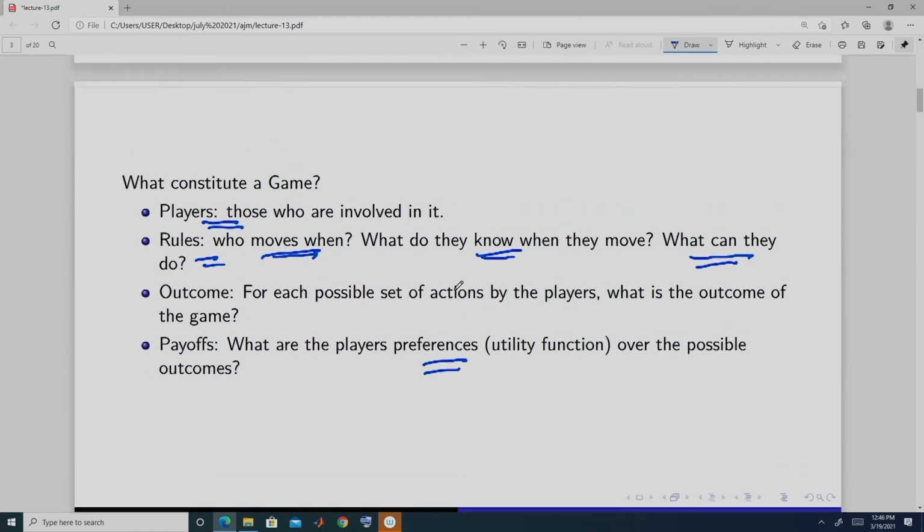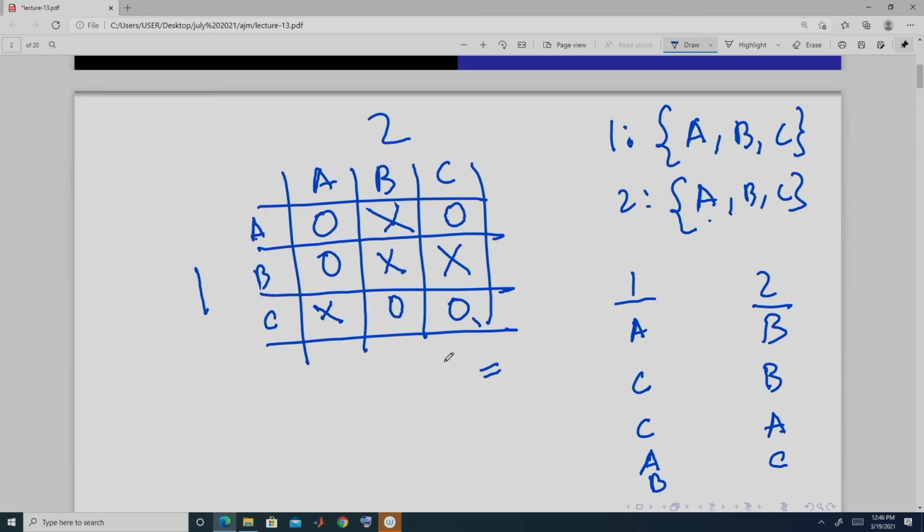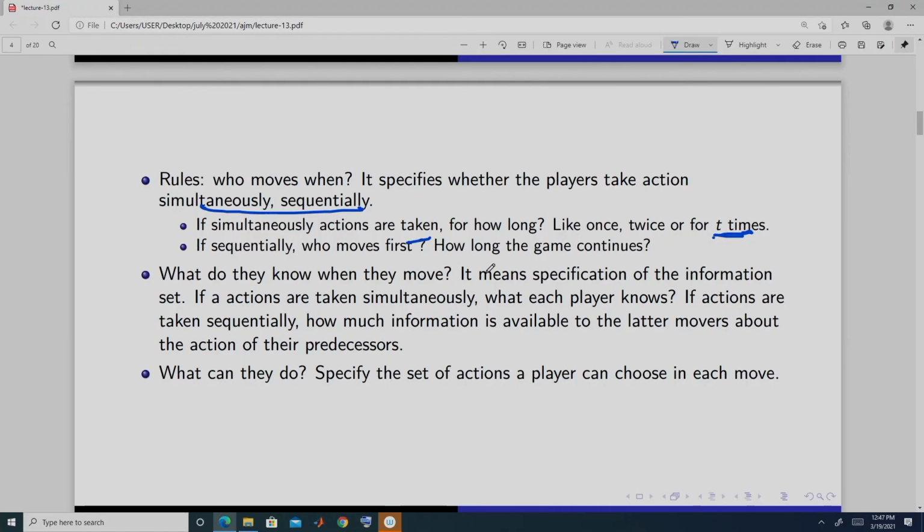In tic-tac-toe we cannot say beforehand how many moves, but the play will continue as long as any of the places is vacant and there is no winner. If you get a winner, then the game will end, and if we have not got any winner, then the game will continue.